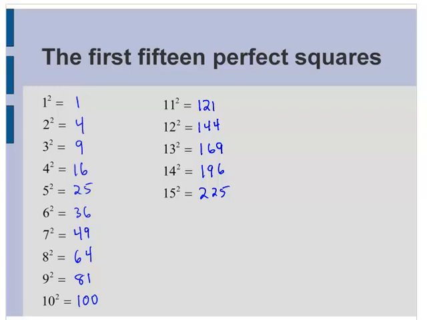You should probably commit these to memory, as they will be very useful in helping you identify perfect squares and then also knowing how to go from the square to its square root if necessary.